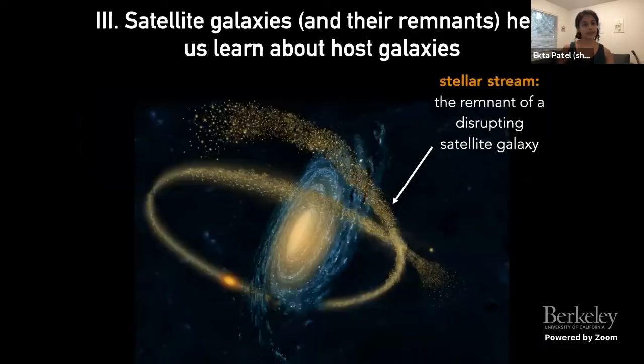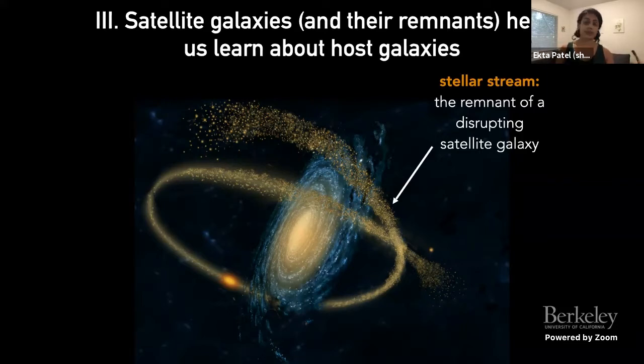The third reason these satellite galaxies are very important is that the satellite galaxies themselves, as well as the remnants that they leave behind, help us learn about their host galaxies. So just like in the movie, if we pause it at any given snapshot, we would see potentially a satellite galaxy that's no longer completely intact, but rather its stars have been shred apart, just like in this artist's illustration of a satellite galaxy spiraling into its host galaxy, leaving behind these stellar streams.